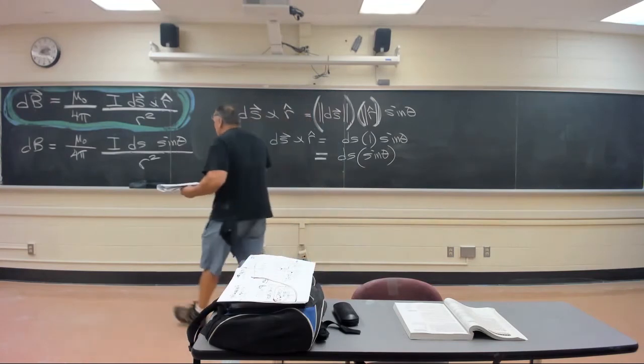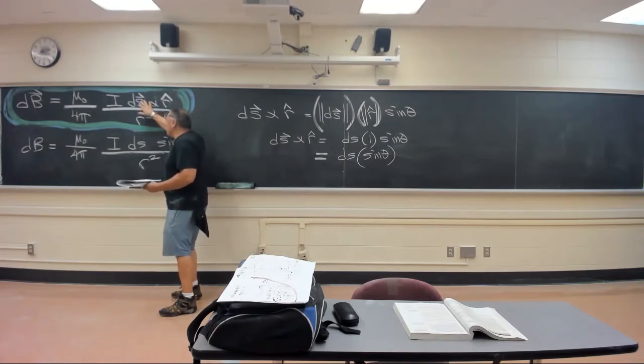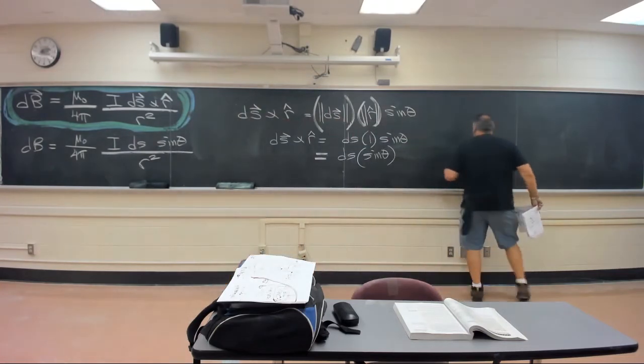And they told us it was an inverse square law. If this would have been the magnitude of R vector, if this would have been R vector as is, somewhere the magnitude of R would be manifested in this cross product. You would have, don't do this, and like I said, I almost did it.